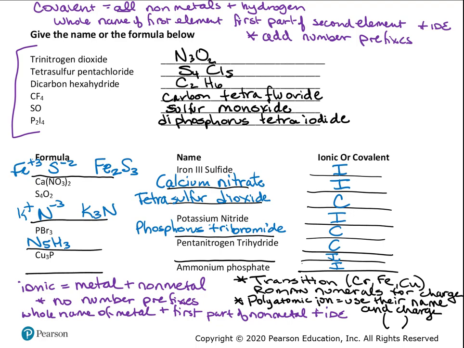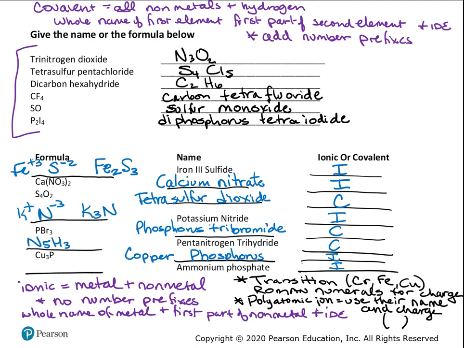All right, now Cu3P. So what's Cu? Cu is copper. And then what's P? Phosphorus. But instead of just naming it this way, what do I have to make sure I add? The Roman numeral. Does anybody know what the charge is? No, it's not a 3. That's the number of copper.